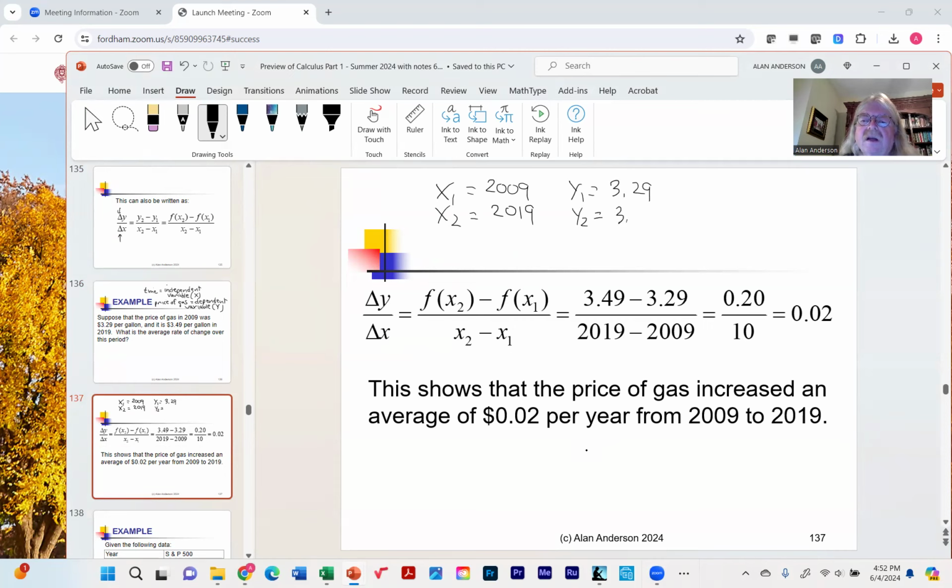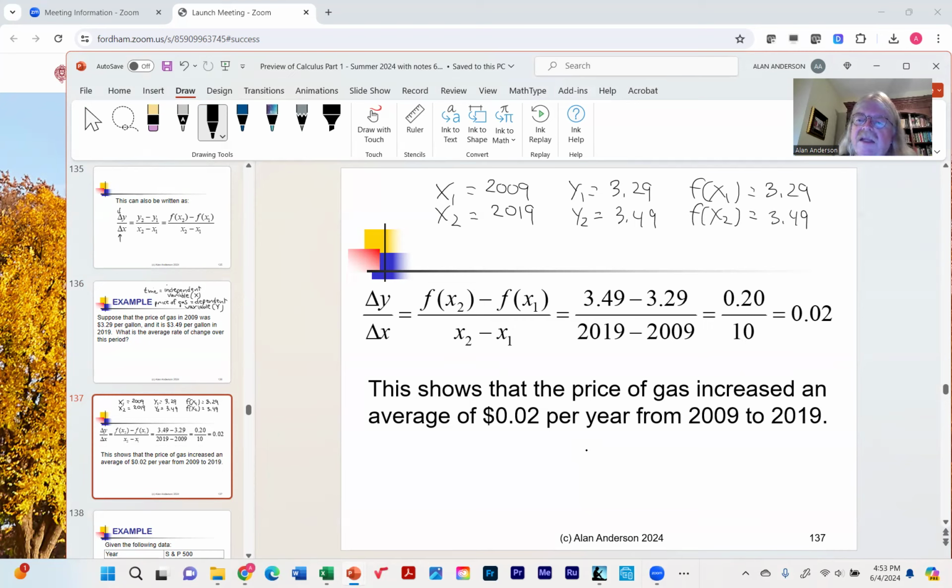Now it's $3.49. And of course, these could also be rewritten if you want as f of x1 and f of x2. So you can see that we substituted the numbers, we get a total change of 20 cents over this 10-year period divided by 10 years, which means an average increase of 2 cents per gallon.